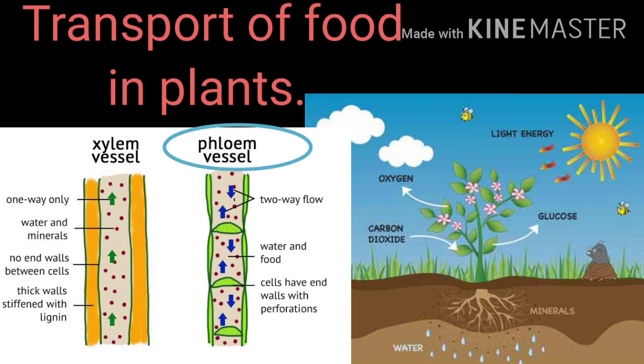As you can imagine, transport of food in plants would not be as easy as transport of water. Hence, they require some energy in transporting food. It is not a simple physical process but an active process which requires energy obtained from ATP.